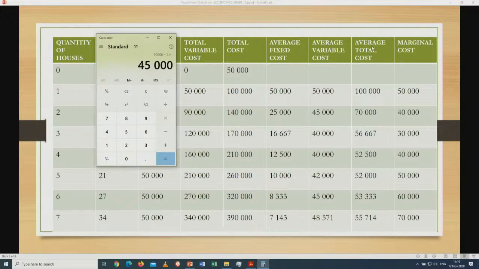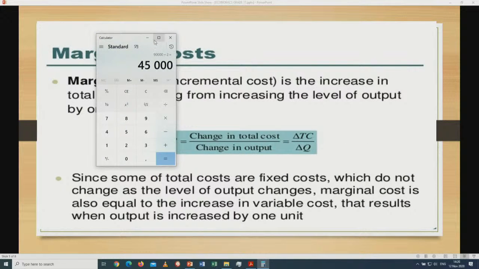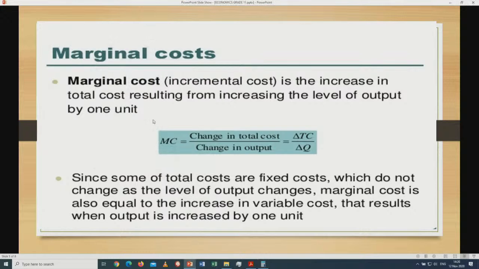Let's look at what they said the average total cost is. I'm deliberately going between the presentations so that I hope this will sink in. Average total cost, we said, is the addition of the average variable cost and average fixed cost. Let's go and check if that is actually true.